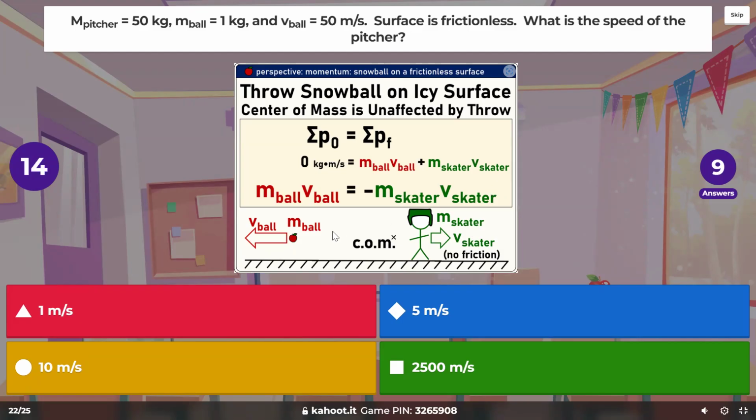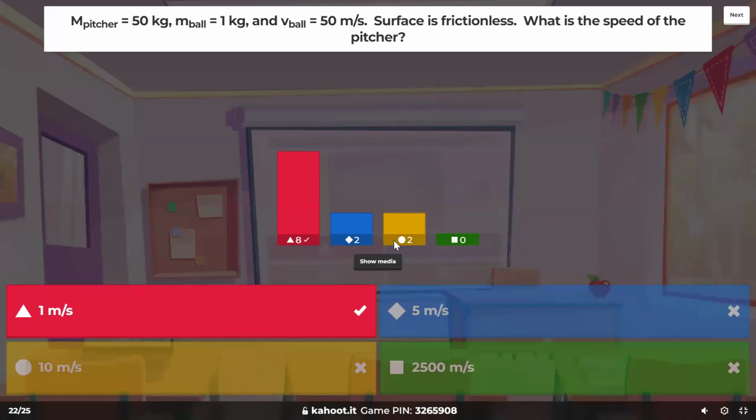Do you guys think 1 times 50 to the left is equal to 50 times what to the right? Yeah, 1 meter per second. So 1 times 50 to the left equals 50 times 1 going to the right. Because it all zeroes out. Momentum is a vector, so the total momentum is always 0. So it all cancels out.